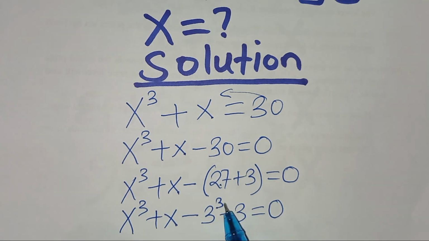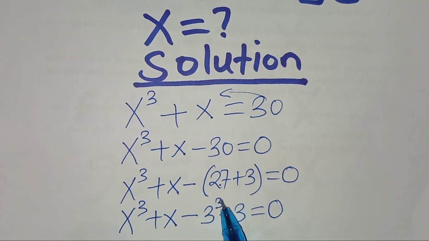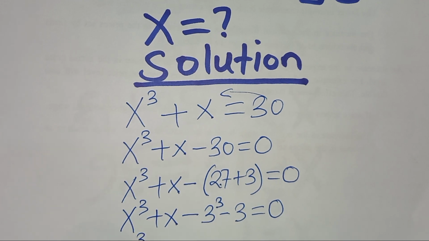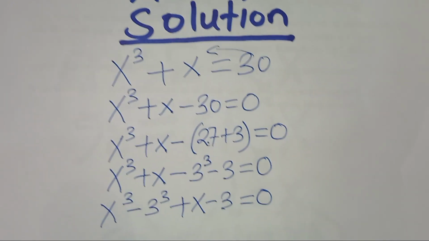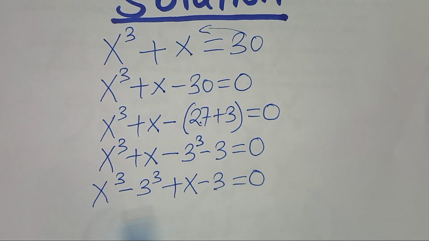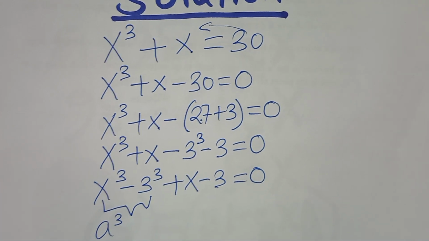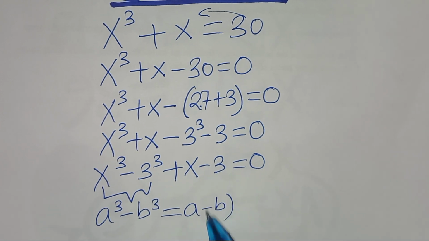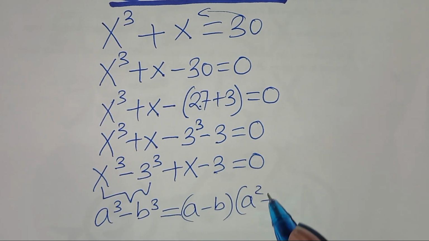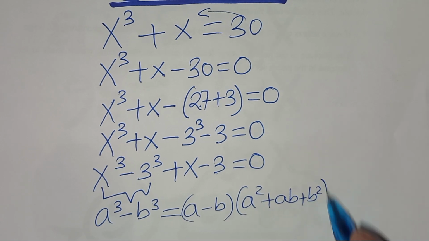Now let's combine x to the power 3 and 3 to the power 3. We'll have x to the power 3 subtract 3 to the power 3, plus x subtract 3, equal to 0. The next step: you find that x cubed minus 3 cubed is the difference of two cubes, expressed as a cubed minus b cubed, which is a minus b, times a squared plus ab plus b squared.